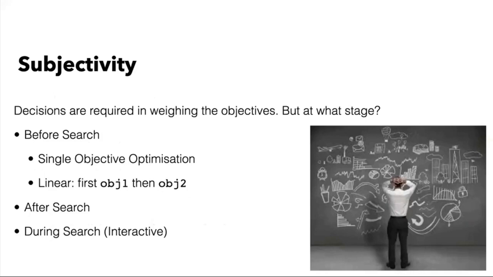So in the case of single objective optimization, or that linear approach that I described before, we're making subjective decisions before we're even starting the search. But the purpose of multi-objective optimization is holding on to that, not making that decision, and applying subjectivity only after we finish the search.